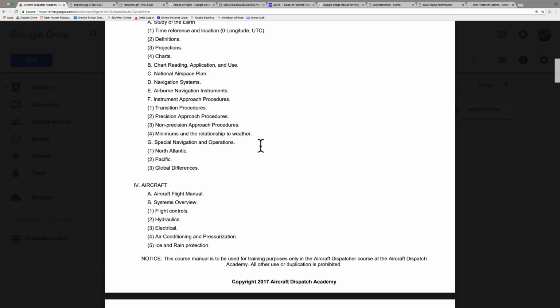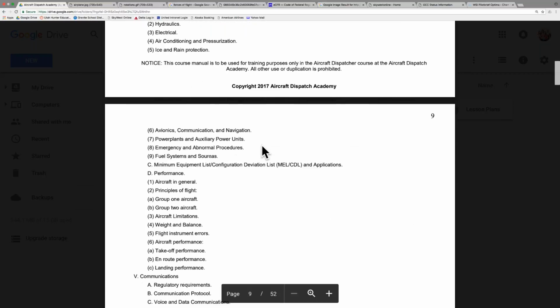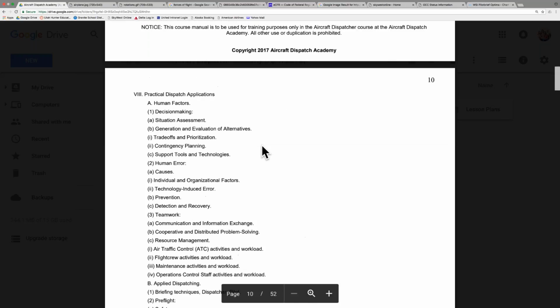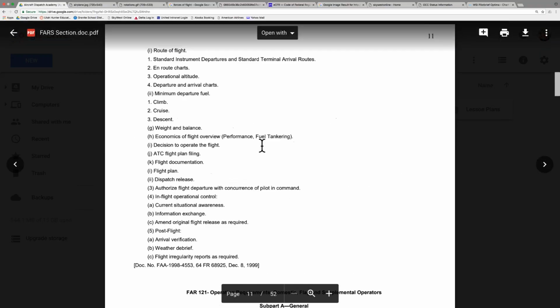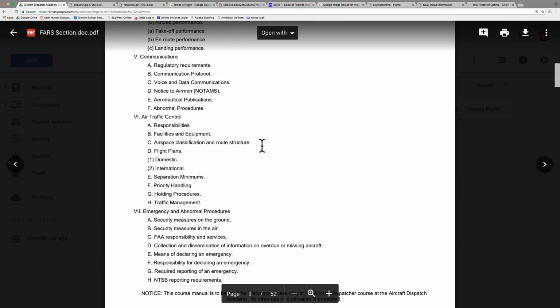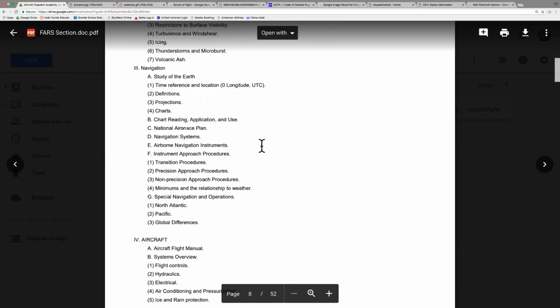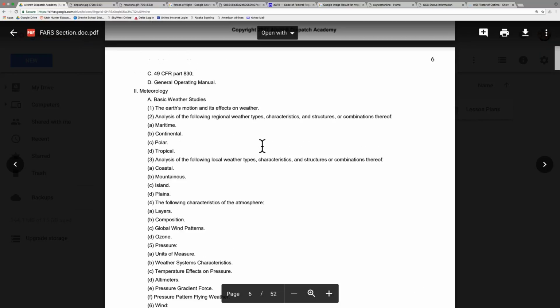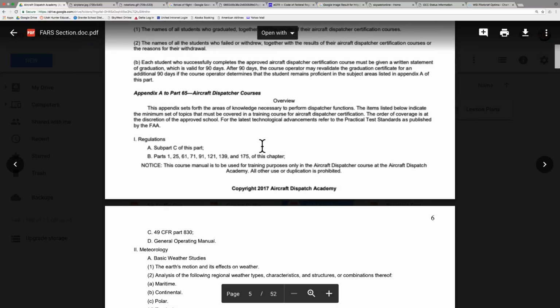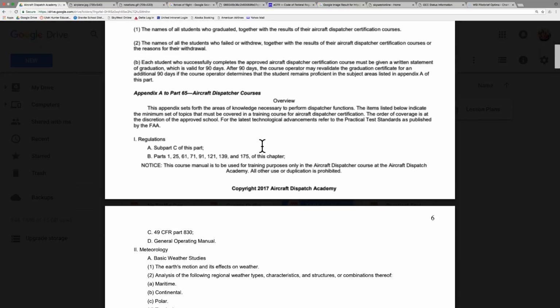So, yeah, kind of going through that. If you all have access to this document, it's on the Google Drive, as well as on ecfr.gov.